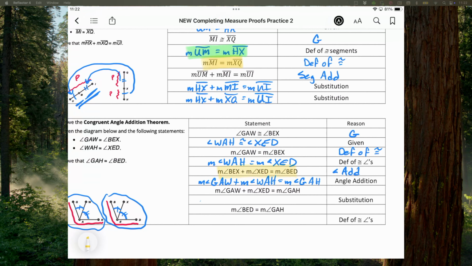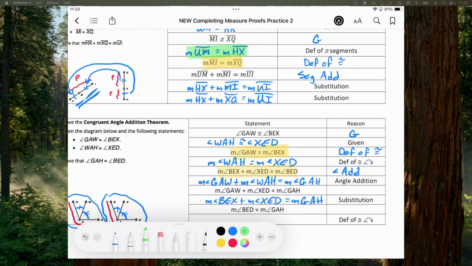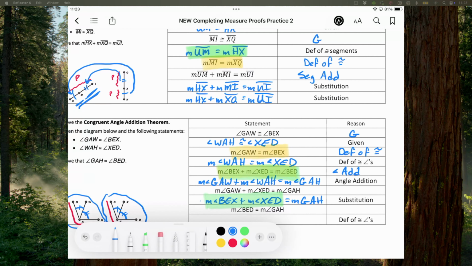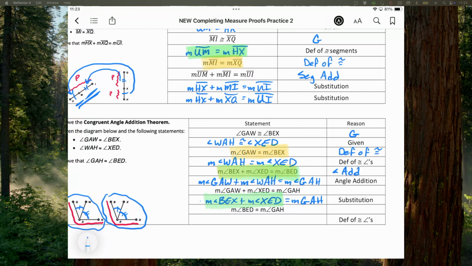So I want to replace GAW with BEX. So measure of angle BEX plus measure of angle XED equals measure of GAH. So all we did there was replace GAW with BEX. Now we are going to notice that BEX and XED are the same as BED, and we are going to replace them with BED.